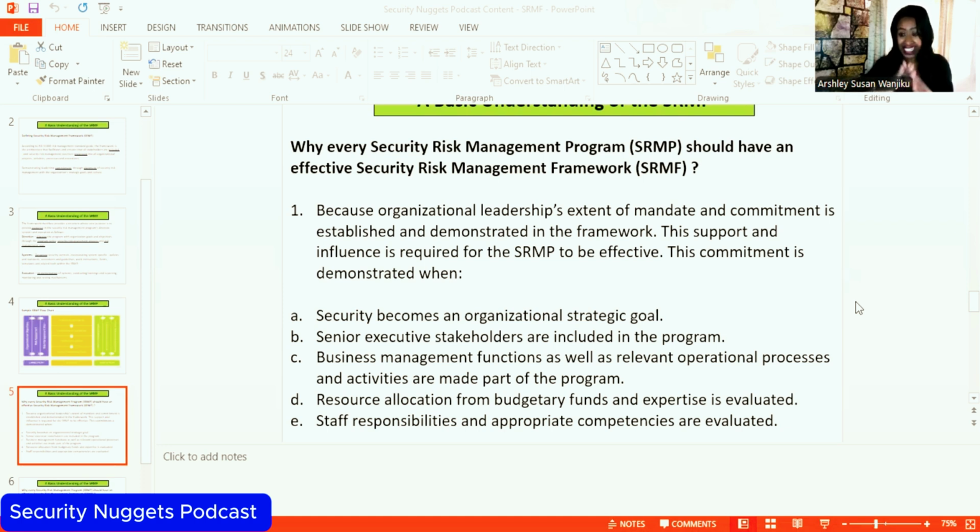Because you need to get that leadership support and commitment, and you can only get it when you have a framework, okay? Because you will have benchmarked, and you will have communicated and consulted with relevant stakeholders, including leadership stakeholders, those senior leadership and executives.